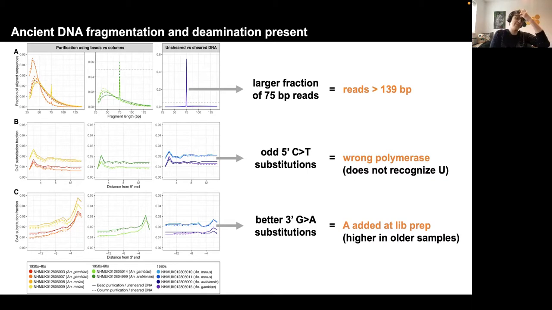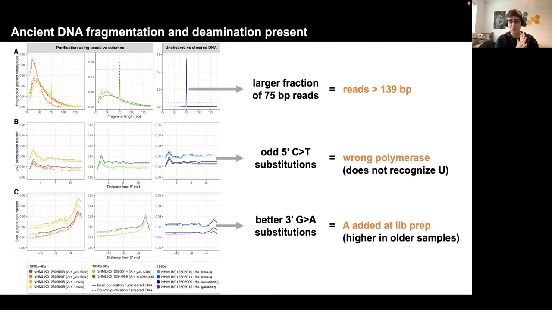And when you look at these figures, you can immediately tell that, no, it definitely can't do that. Because the C2T substitutions, so the side of the molecule that still contains uracil, look awful. But then the 3' G2A, because adenines are added already during library prep, look vaguely better in that you can actually see there is a signal there.